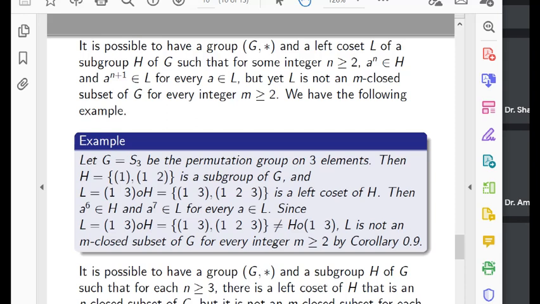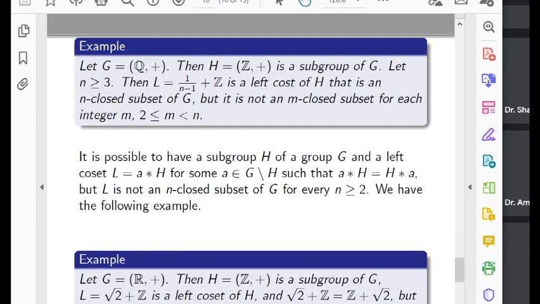A to the 6 will be in H, and A to the 7 is in L for every A in L. Okay? But we know that this left coset is not equal to the right coset. So that means L is not M closed for every integer m bigger than or equal to 2.